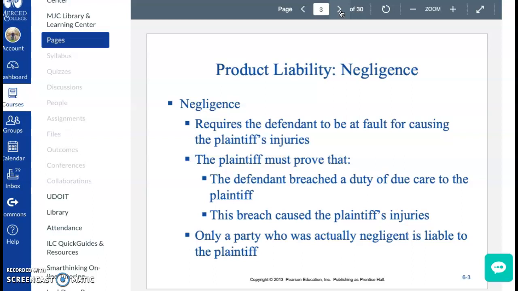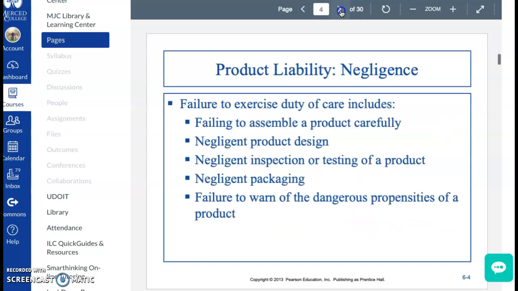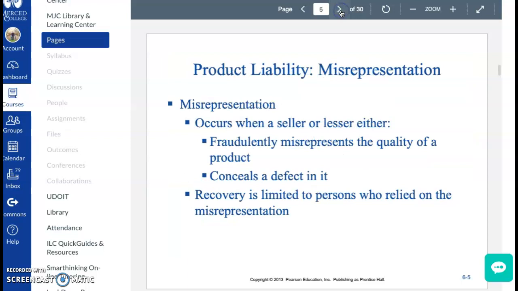It wasn't something that was potential or possible. It actually has to have occurred. Failure to exercise reasonable care includes failing to assemble a product design, negligent inspection or testing, or negligent packaging.